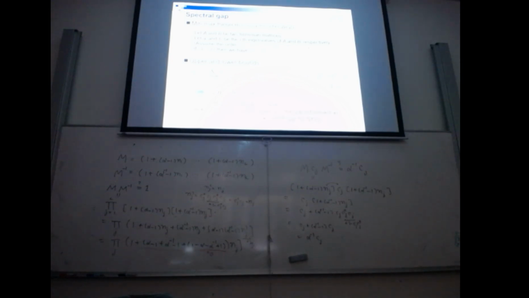Let's denote the nth eigenenergy of the non-interacting Hamiltonian by E_n^0. And we set the ground state energy to 0, so the first and second eigenenergies are 0.